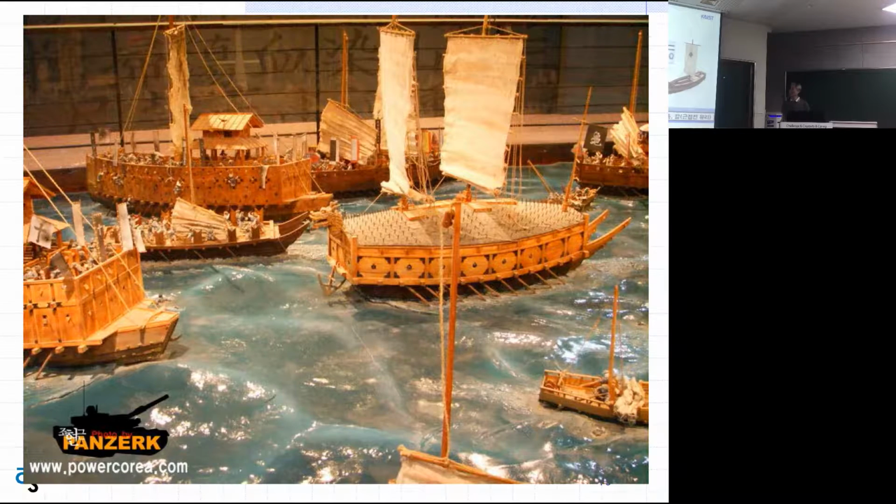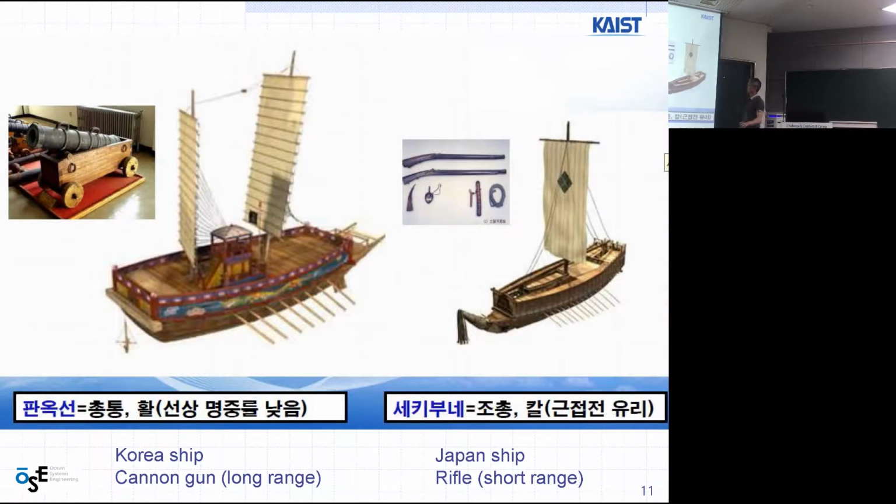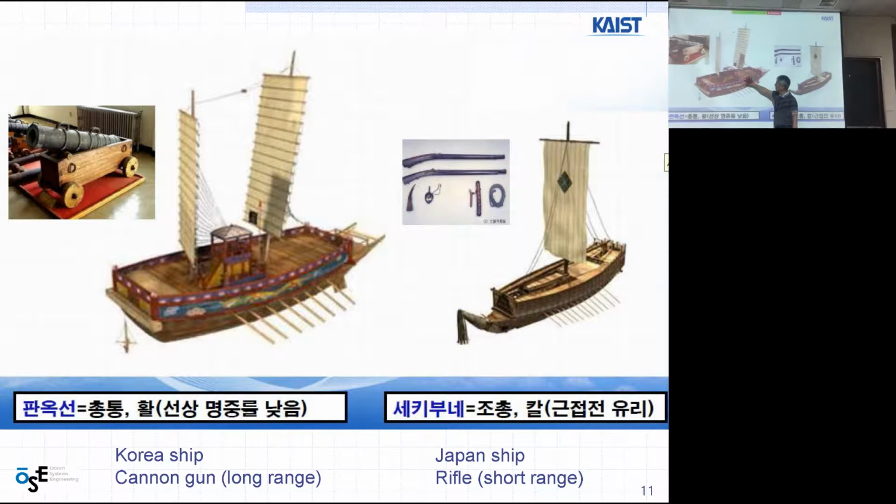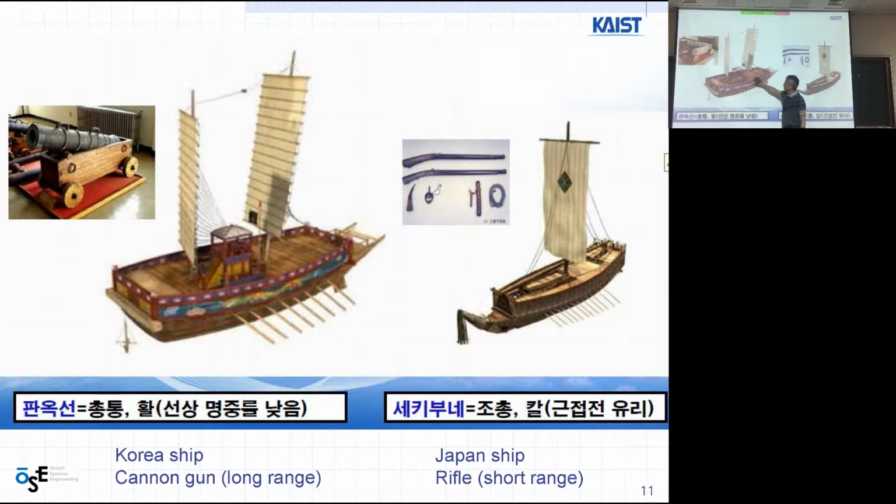And this is another comparison, but I copied from another person's one so that Korean characters are still there. But I translated, right? Turtle shape, but this one is before the coverage of the top face. So we call this a panokson.